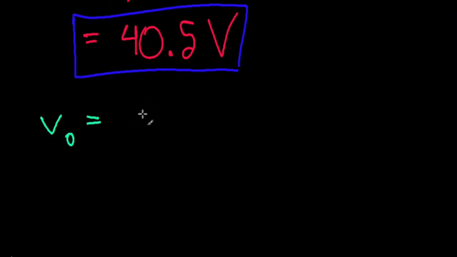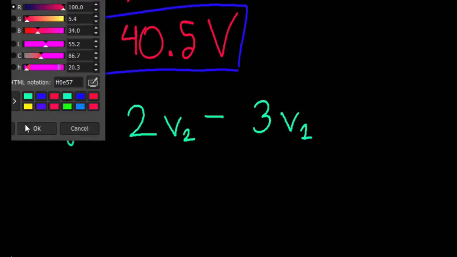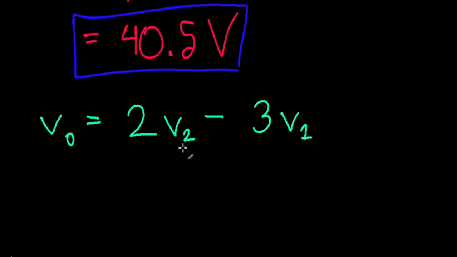What I want to do is find a circuit, an op-amp circuit, an amplifier circuit that takes two input voltages or signals, V2 and V1, and gives me an output which is equal to 2V2 minus 3V1.